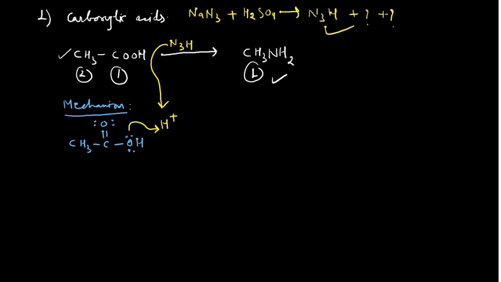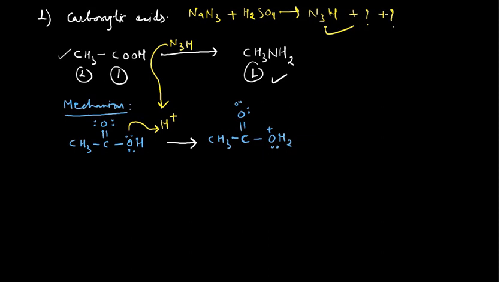Your product would look like CH3 C double bond O, C, and then OH2 positive. There is no problem in that, the two electron pairs were already there. So this is your protonated acetic acid.